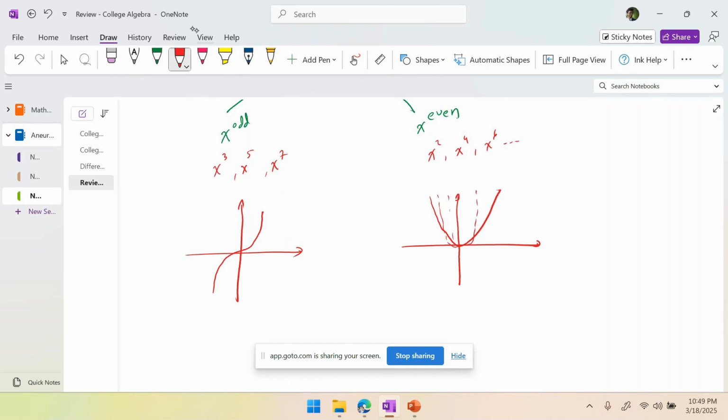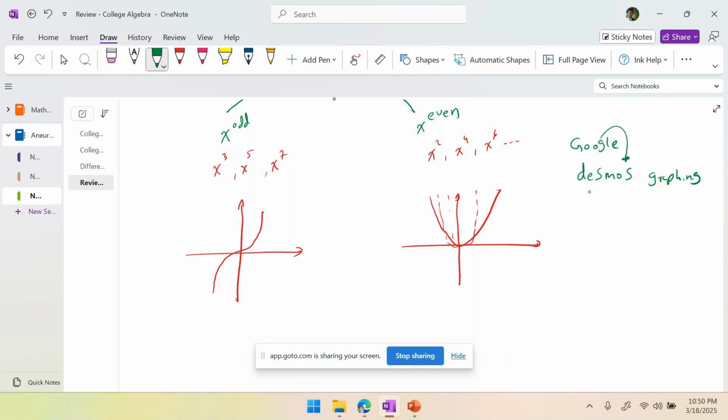So if you really want to try those diagrams, I recommend you to use this website, Desmos Graphing Calculator.